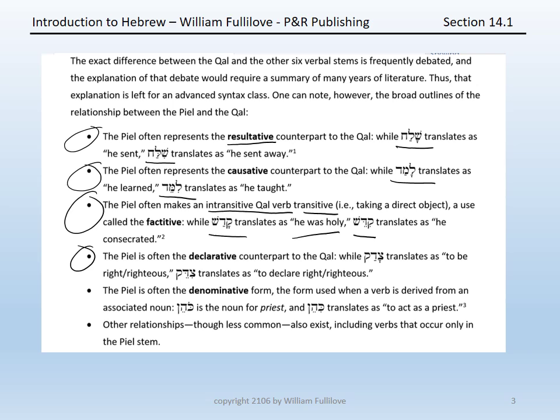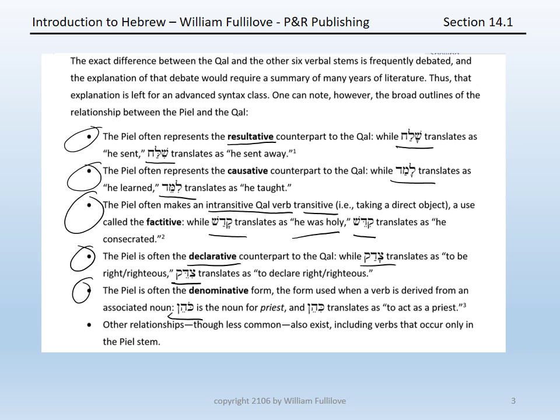Fourth, the Piel often is a declarative counterpart to the Qal. Tsadaq will translate as to be right or righteous. Tsiddeq in the Piel would translate as to declare right or righteous. Fifth, the Piel is often a denominative form, a form used when you make a verb out of a noun.